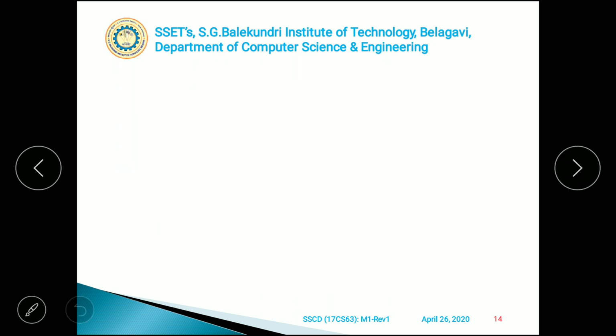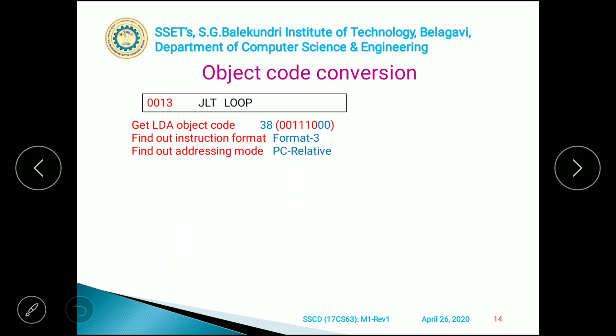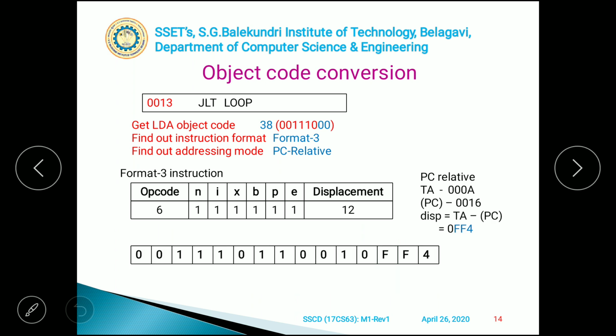Okay, next comes JLT loop. Now this is also the same thing, and I want to explain one important thing here, how this part is calculated. In this case, the target address is A and the PC is 16. It means that the target address is lesser than that.